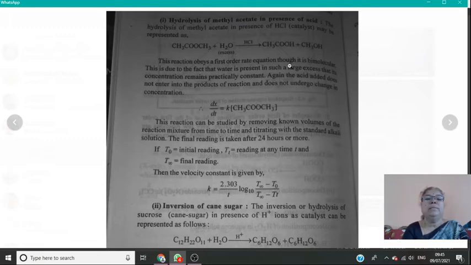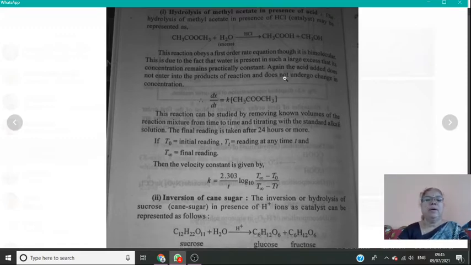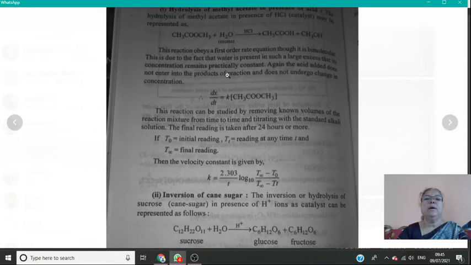Here the hydrolysis of methyl acetate in presence of HCl produces acetic acid and CH3OH, that is the methyl alcohol. This reaction obeys first order rate equation, though it is a bimolecular reaction, and this is due to the fact that water is present in large excess, so its concentration remains practically constant.